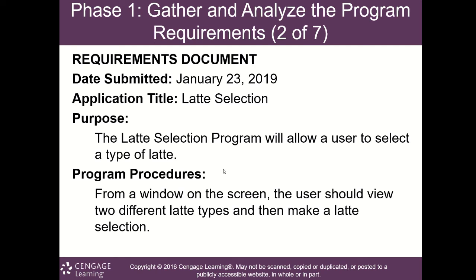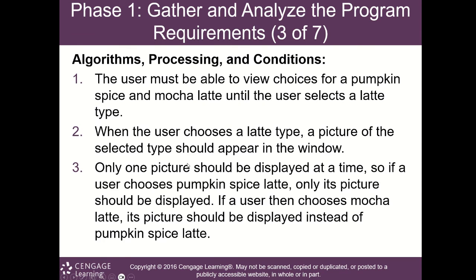But when we work as part of organizations, there is an increasing tendency that we are going away from a lot of documentation. So instead of this type of formal document, you may see it in a different format. It doesn't matter. It should point out what you need in the application. In that phase we gather the algorithms, processing and conditions as part of the requirement document.